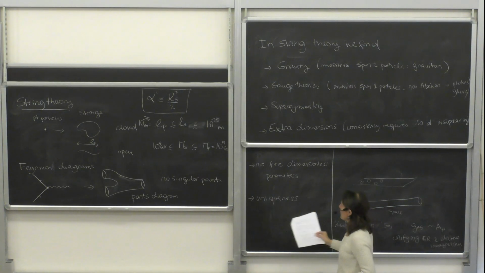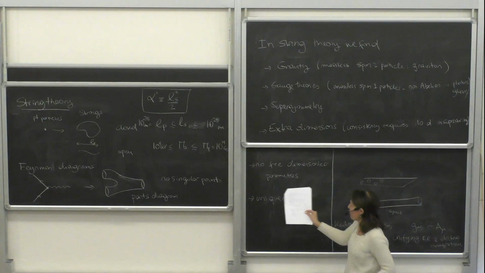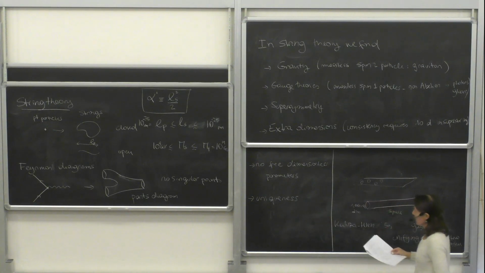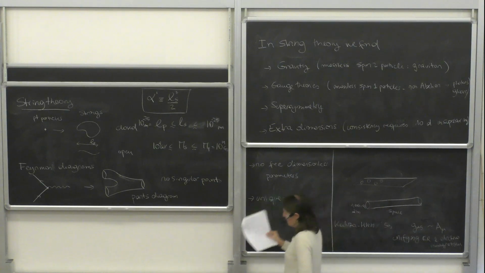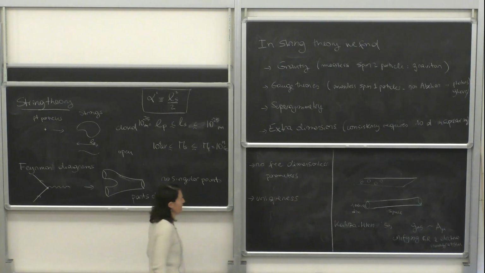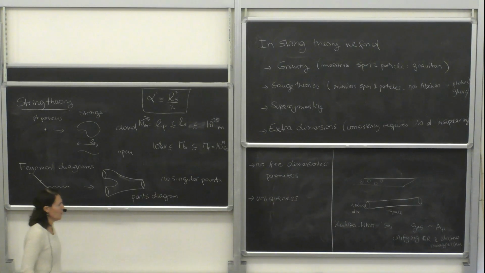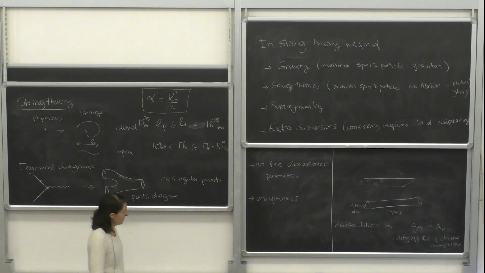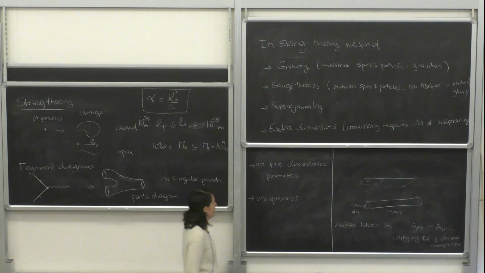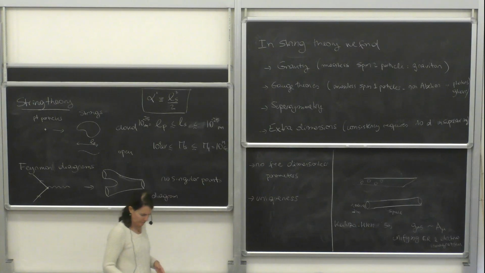But actually, all these theories are related by what's called dualities, and we'll get to that. So there's a single consistent theory of superstring theory that we can see in different regimes, and it seems to look different, but there's a unique theory.